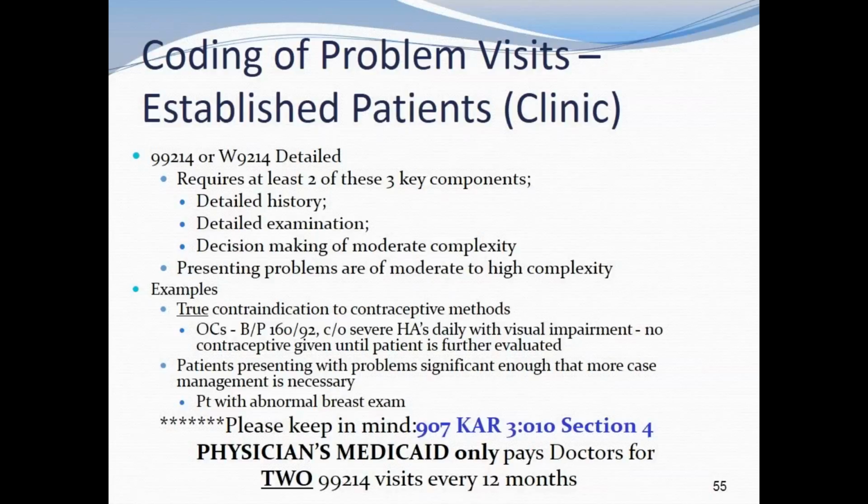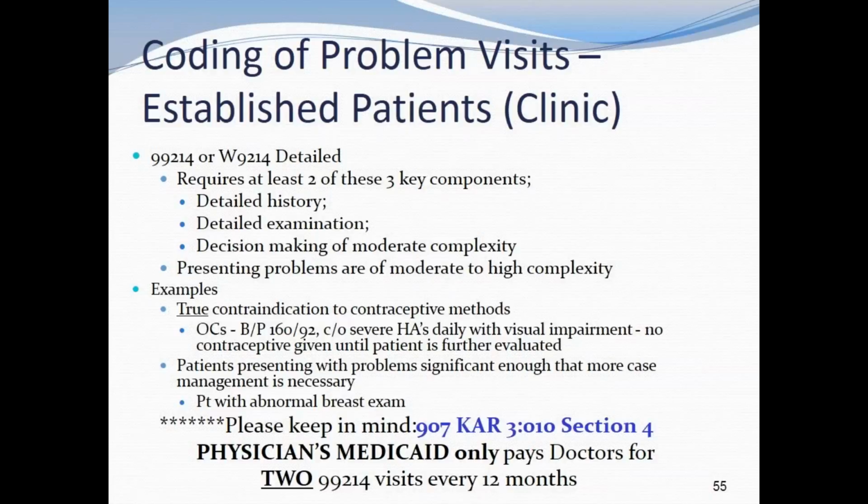The example that I give you is the true contraindication to the contraceptive method. Now, this is when you have your OCs and the patient comes in and you take their blood pressure, and their blood pressure is like 160/92, which is pretty high, I mean, just saying.